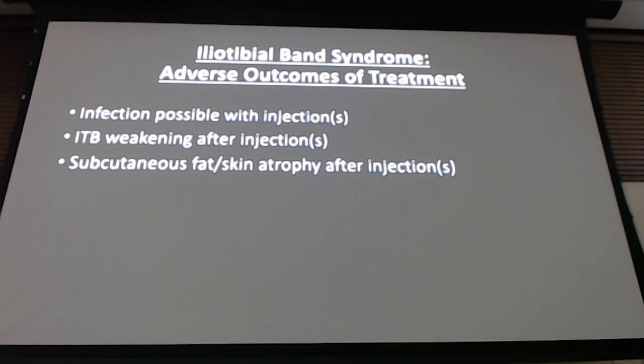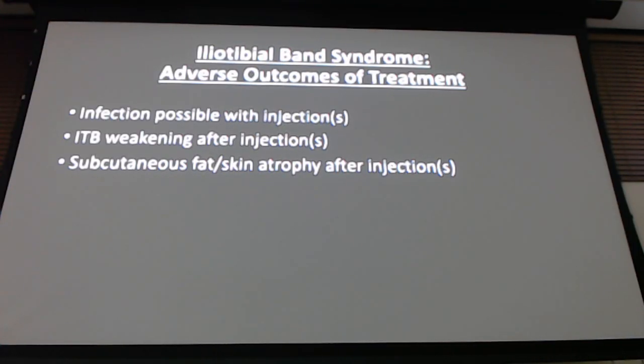So what are the things that can be bad with treatment? Well, if you do injections, especially with poor technique, infection, right? That's always the case, and that's cumulative if you do multiple injections. IT band weakening. If you're just kind of shooting into a barrel and going here, there, and everywhere, corticosteroid injections run the risk of weakening of tendons.